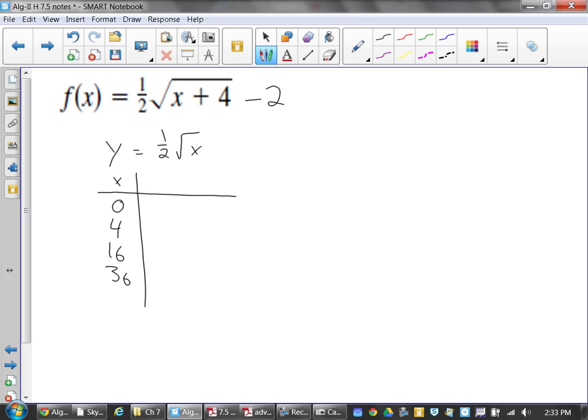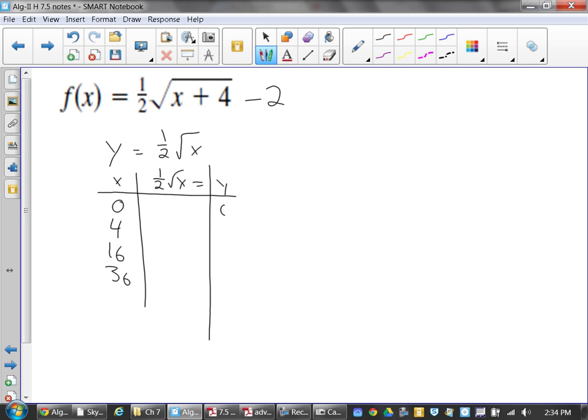Now, this does happen from time to time. They're going to throw a fractional a value out at you that you have to stop to think of, all right, what are going to be the roots that are going to make my life a little bit easier? Does it matter that your things aren't drawn to scale? No. It still works the same. So I take the 1/2 square root of x to generate my y.